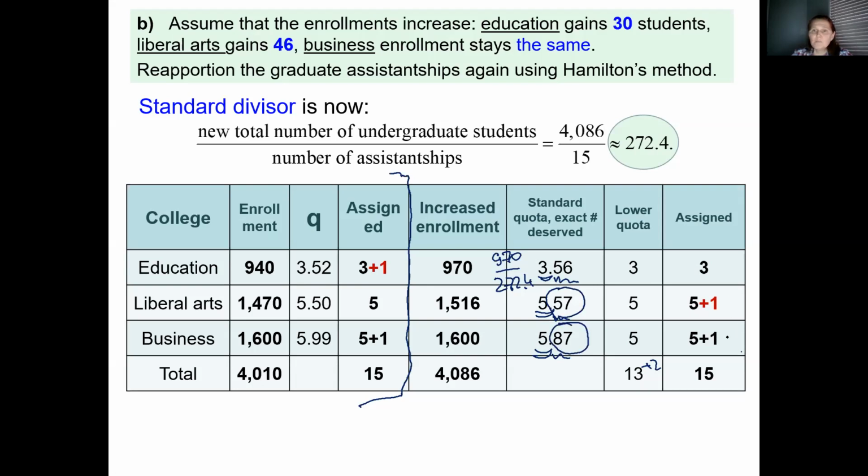Liberal arts and business get extra assistantships. Now, education lost an assistantship, even though the growth was relatively bigger in education than in liberal arts.